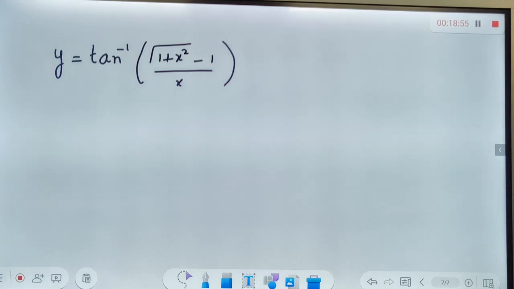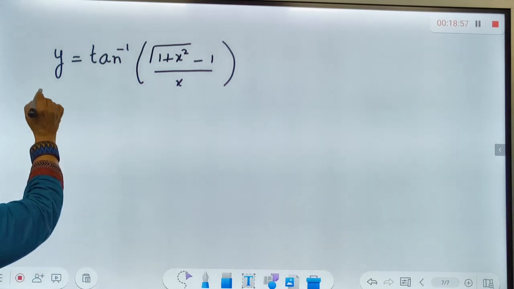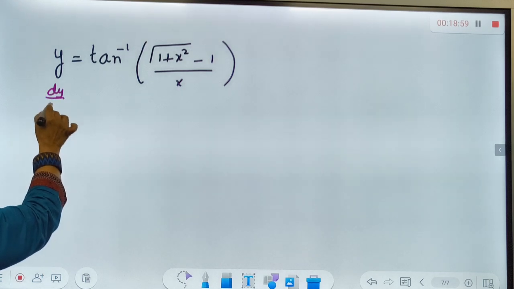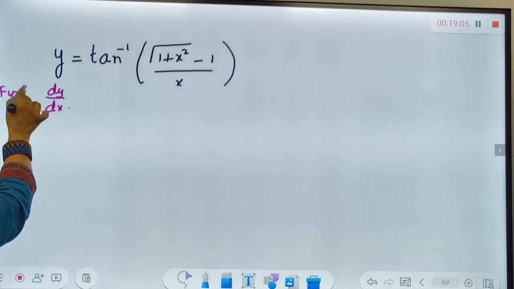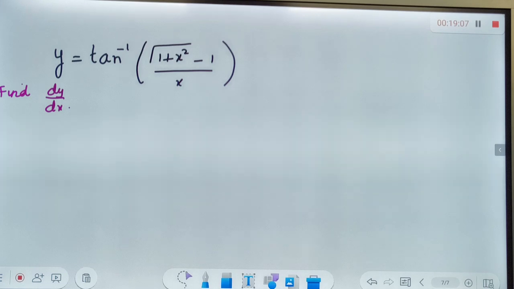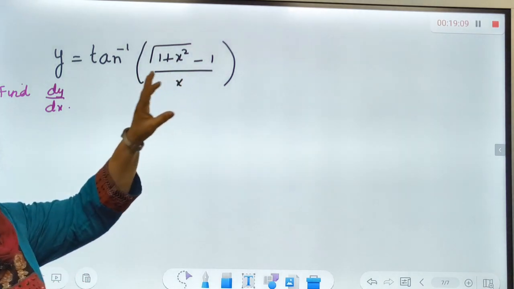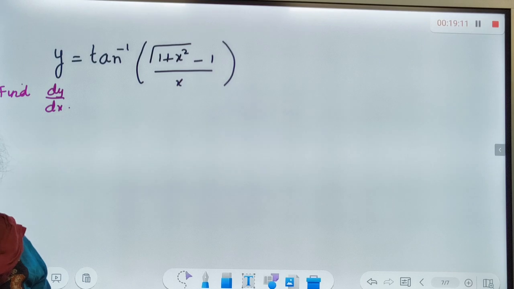Now look at this problem. y equal to tan inverse this, you have to find dy by dx. When you look at this, the root of 1 plus x square itself should suggest what substitution we can make. We know that 1 plus tan square theta is secant square theta.